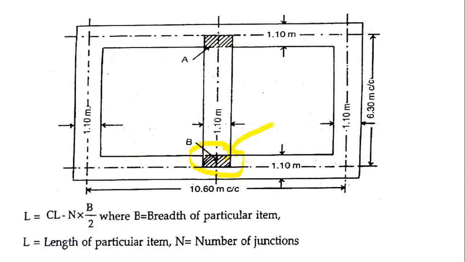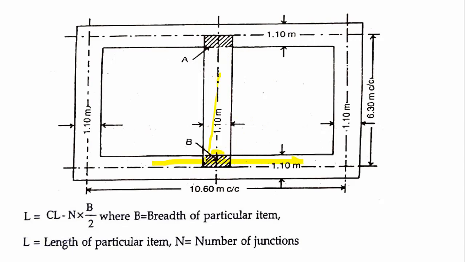This portion we call a junction. This portion where the quantity is getting overlapped, we call it a junction, and this much quantity has to be subtracted. So whenever we have any building, we have to calculate how many junctions we have. How will we know whether we have a junction or not? This is the main wall and this is a cross wall.